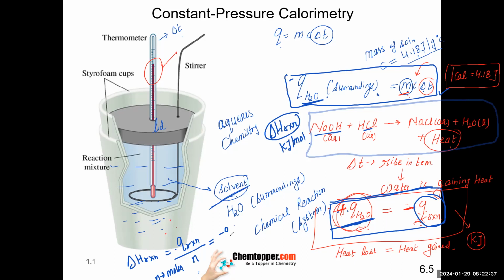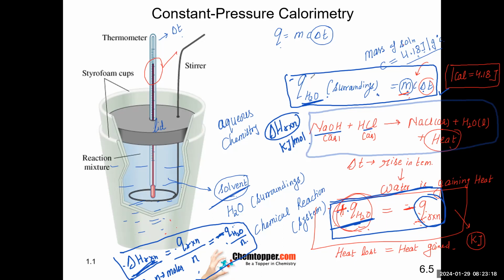So delta H of the reaction is minus Q of the water over n. Minus why? Because if this is exothermic, that is endothermic. If this is endothermic, that is exothermic. So they have different sign. If I'm taking this as plus, then it is minus.